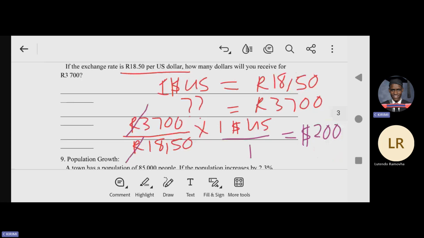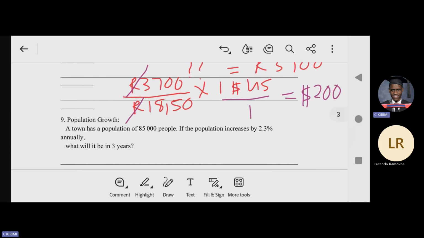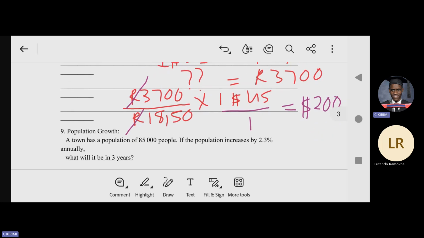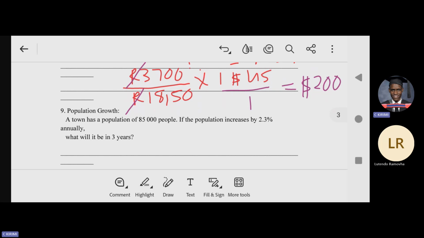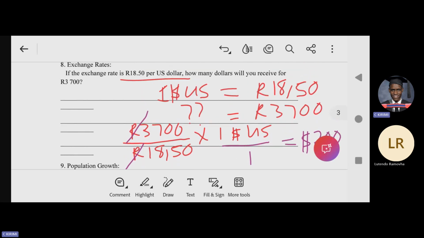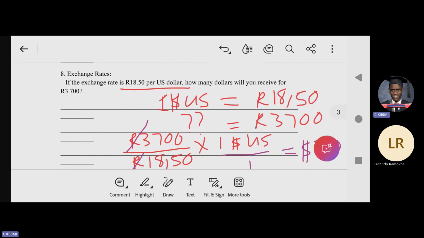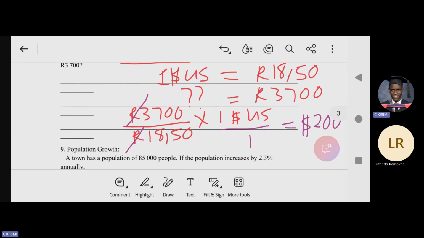Then you check the cost of living you are going to have in the US, which means if you are going to spend more than 200, then you can see how many rands that will be. So it's very important for people traveling overseas to check exchange rates to see if they can afford where they are going to be. So this is a very important aspect in mathematics.